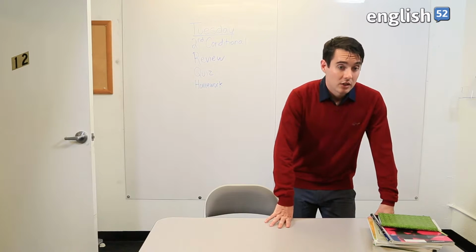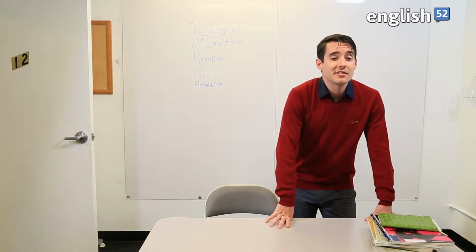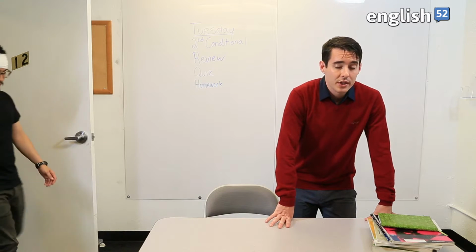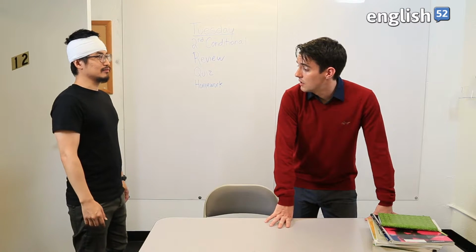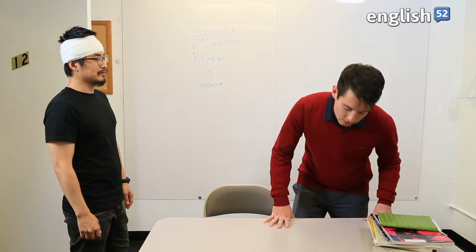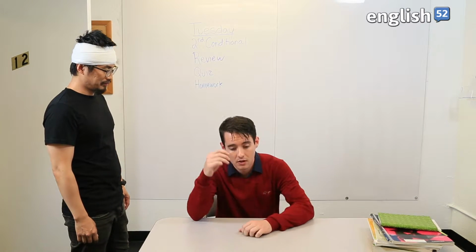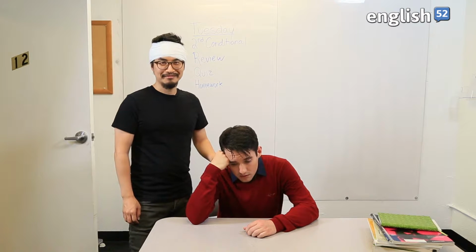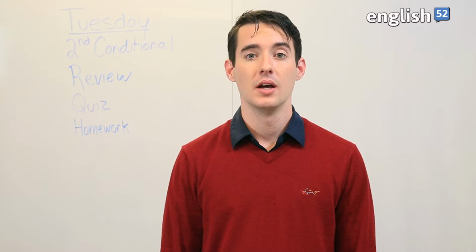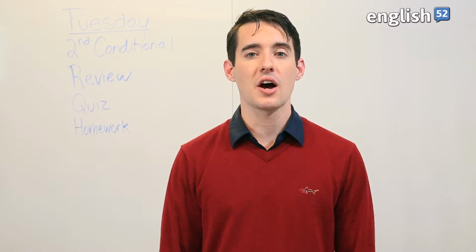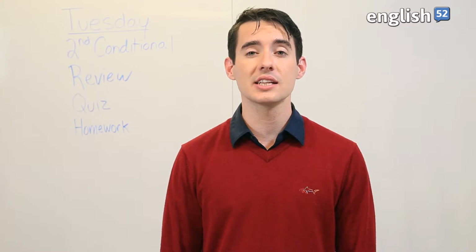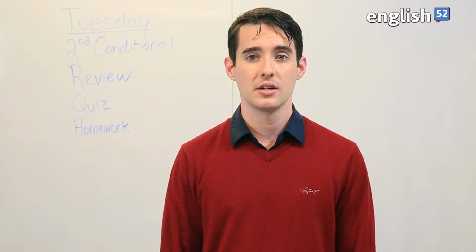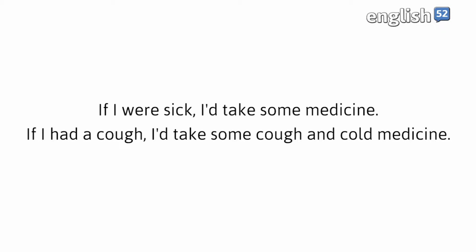Okay. So, when using the second conditional, we use it to talk about impossible or unlikely situations in the future. For example, if I were sick, I'd take some medicine.